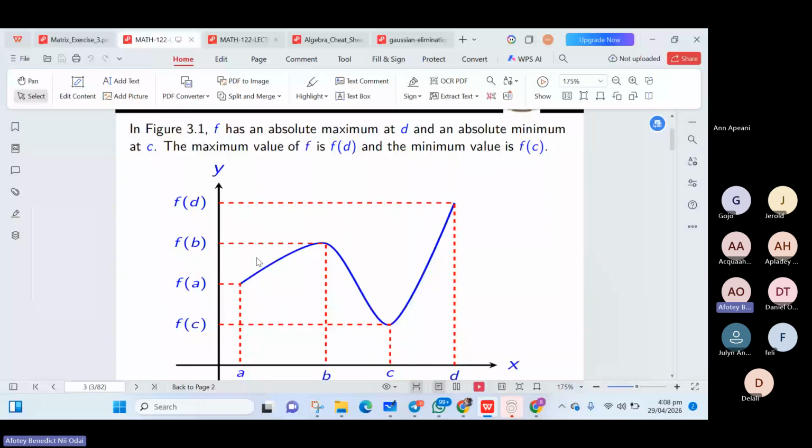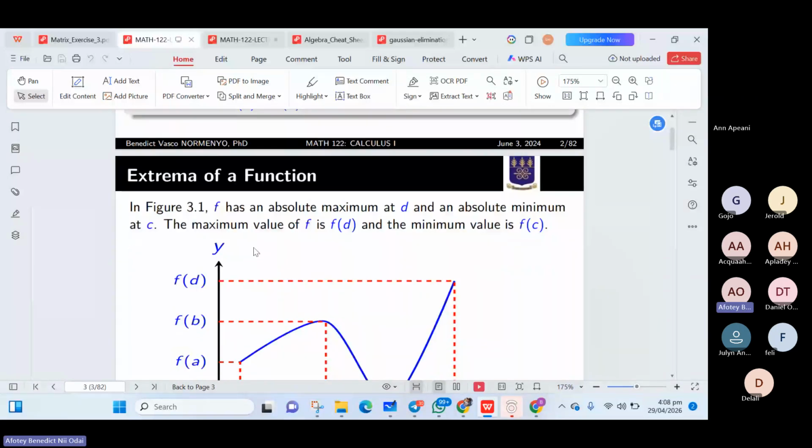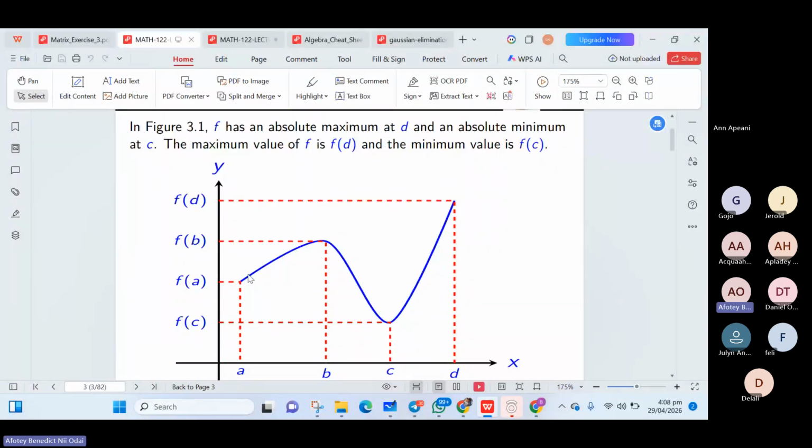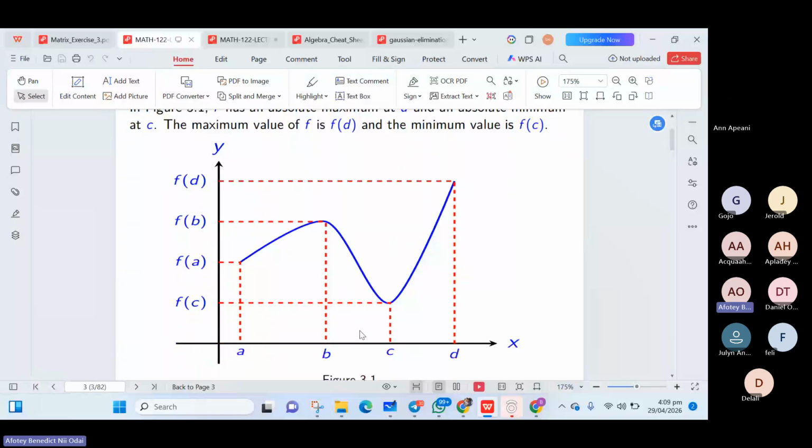Now the extrema just means the maximum and minimum values. So if you have a graph with this function, the one in blue, that's your function that has been plotted on the graph. The extrema values mean the maximum and the minimum point of your function.